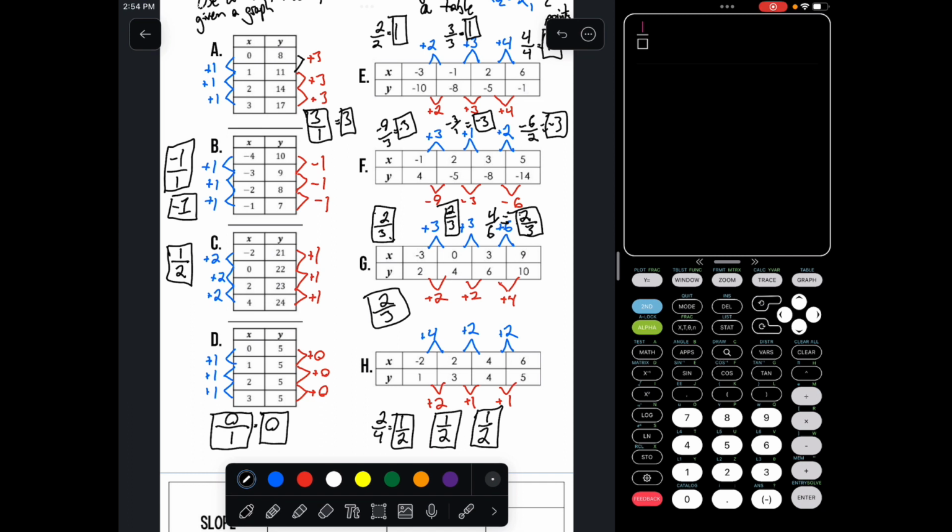If I do negative 6, I arrow down to 2, I hit enter, and I get negative 3 that way also. So you can use your calculator to help you reduce. You can use your calculator to figure out what the differences are between the x values or the y values. So if you need to, don't be afraid to use your calculator.